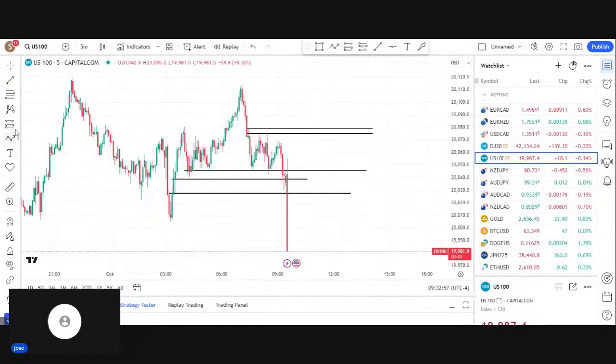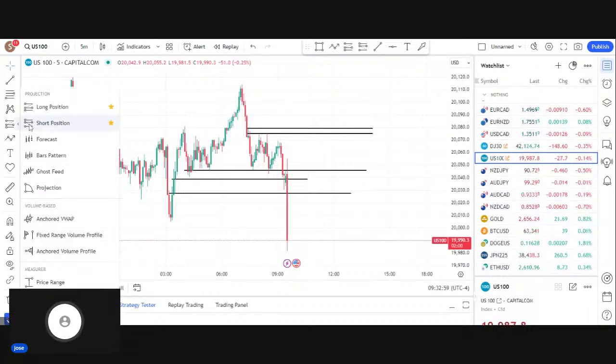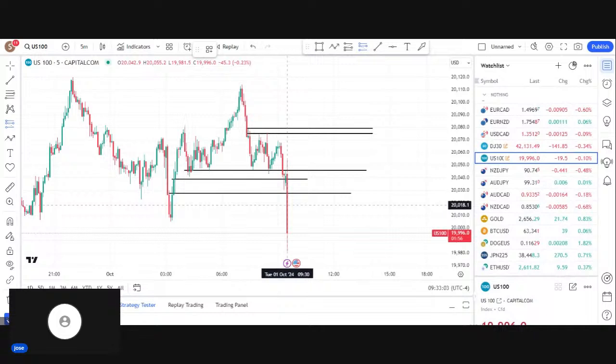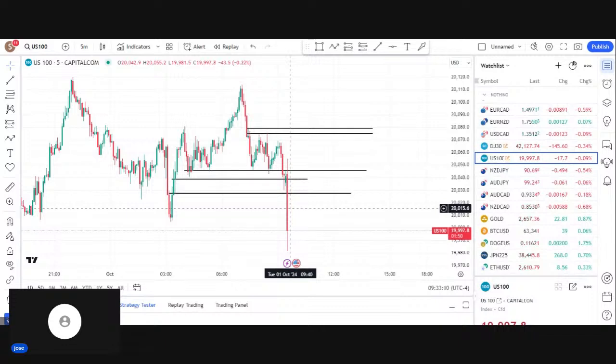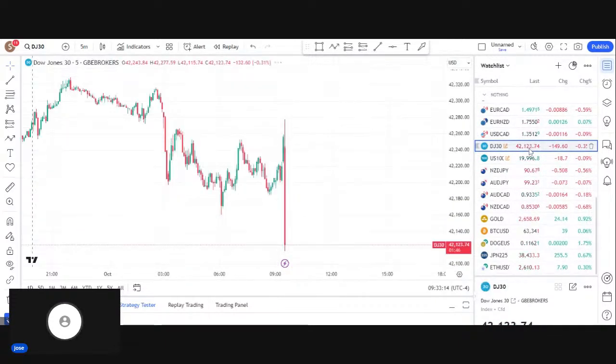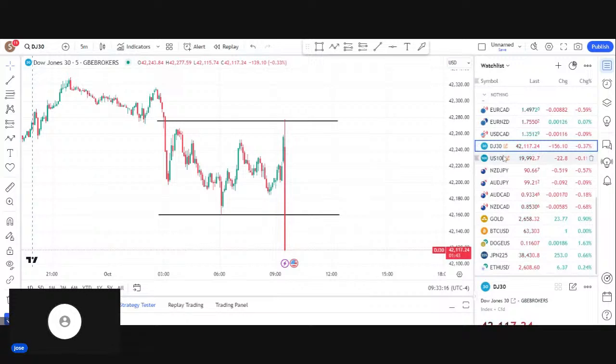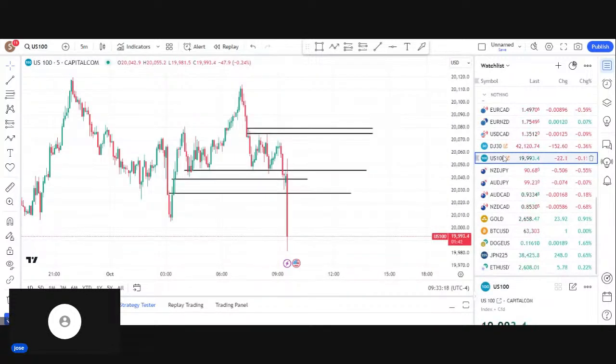If you look at Mamba FX, he also uses this strategy, and he would have been in right now here. But for me, I usually like to wait for the candle to close so that you know which one to pay attention to.